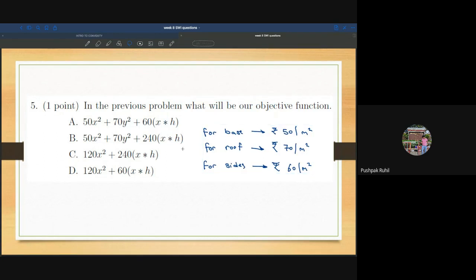Now we have to form the objective function. So let's do this now. I'll wait for 2-3 minutes.